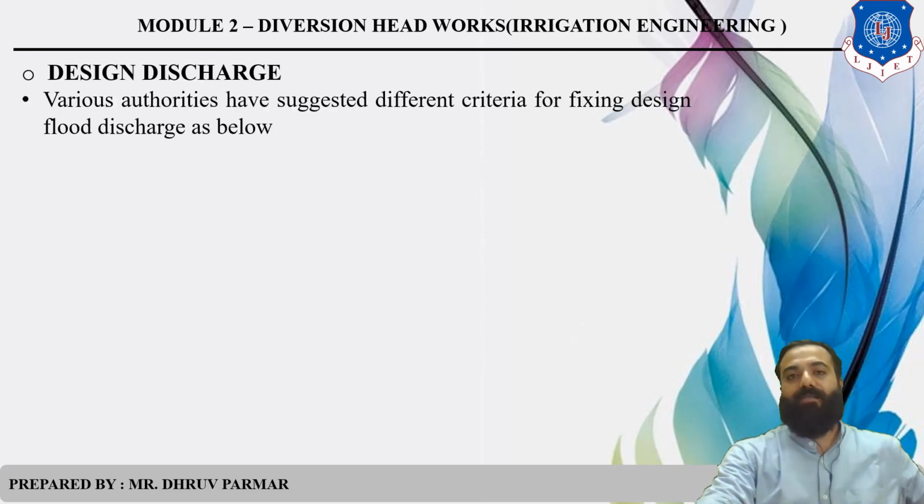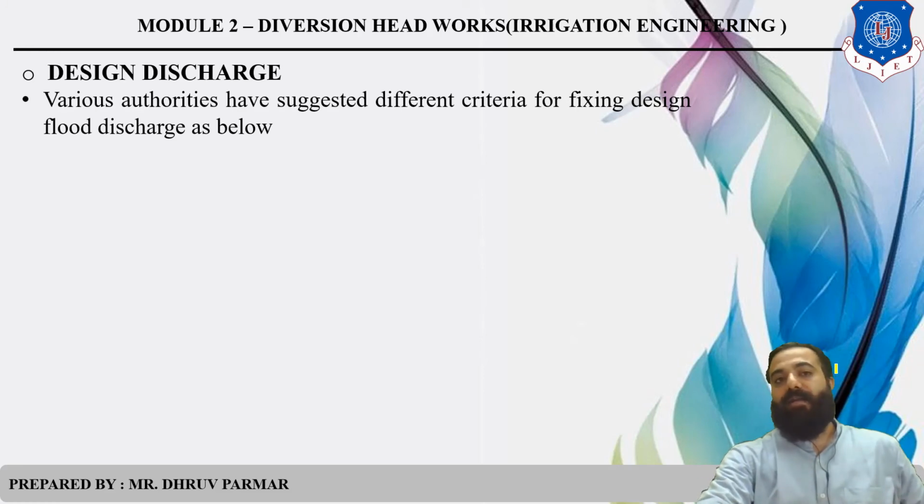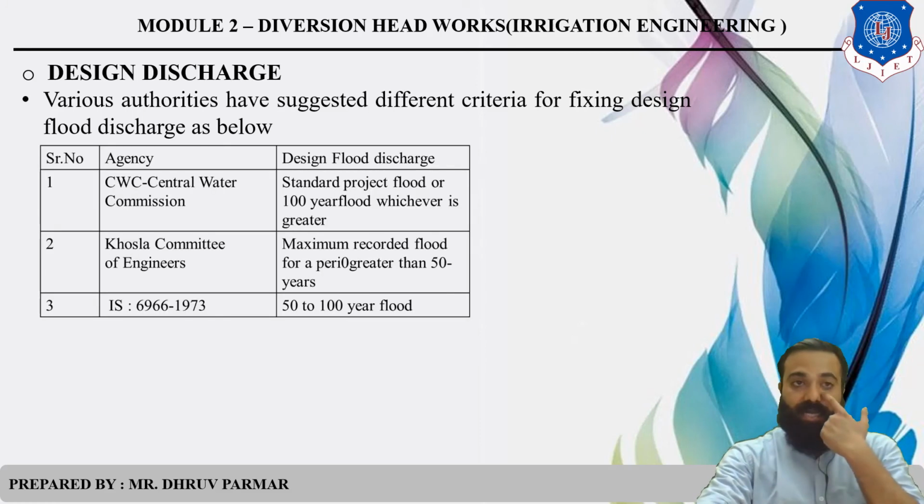Then design discharge. As per the irrigation department, they suggest different criteria for fixing the design flood discharge: first CWC, the Khosla committee, and our IS code. So this is the design flood discharge.